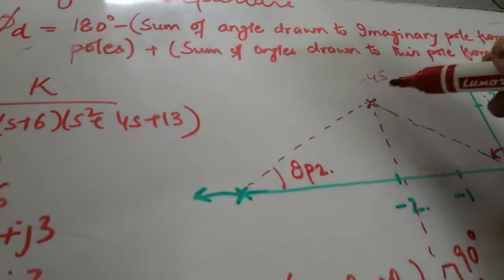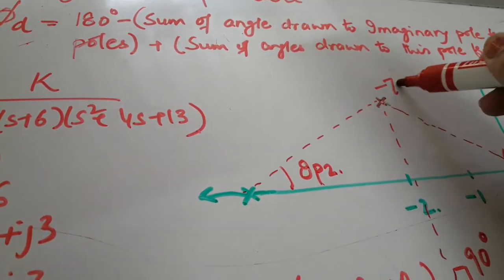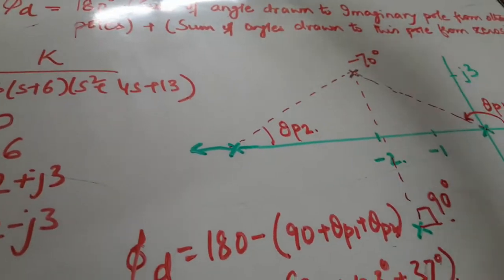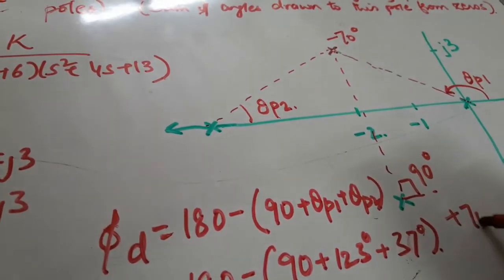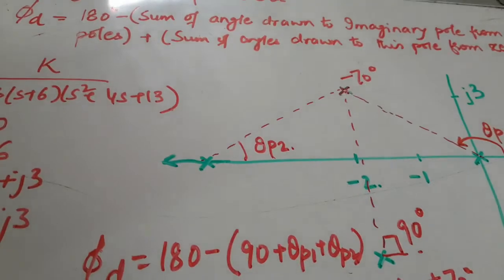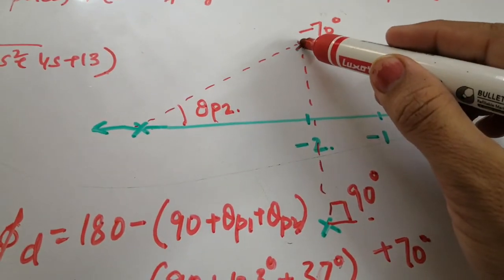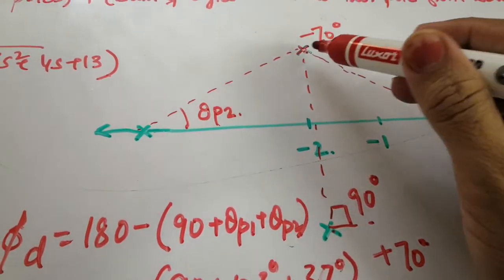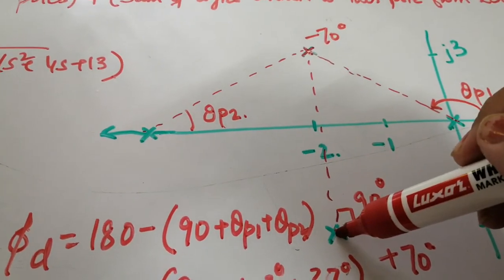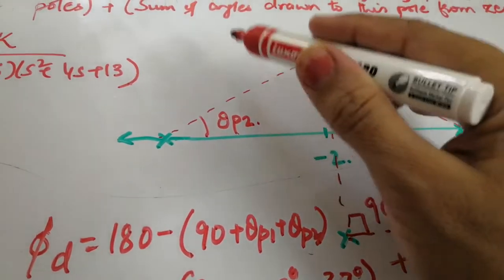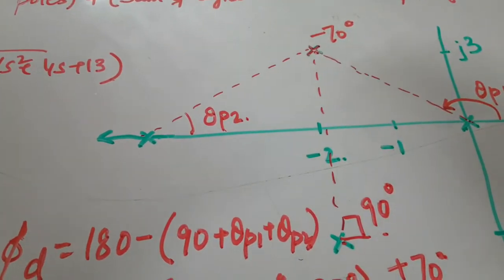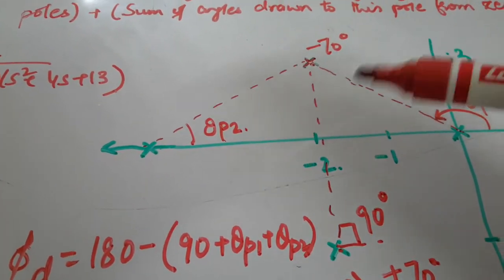So this minus 70 degree goes for this complex pole, so plus 70 degree will go for this complex pole, because basically angle of departure means that this pole is going to leave its position in the complex S plane and move as the value of k is changed from 0 to infinity.